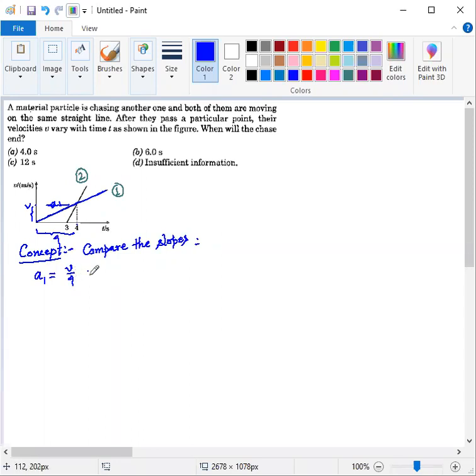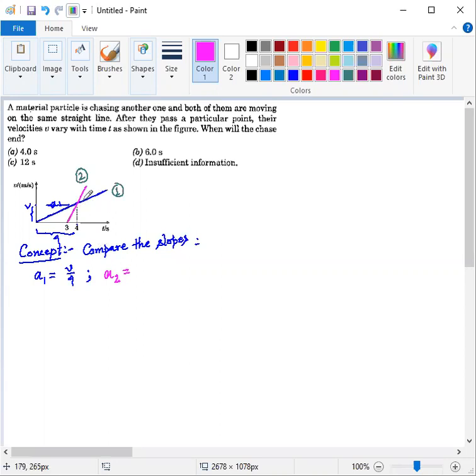Again, if we find the acceleration for the second particle, let this be the graph for the second particle. In the same manner as before, a2 equals the change in velocity divided by the change in time.